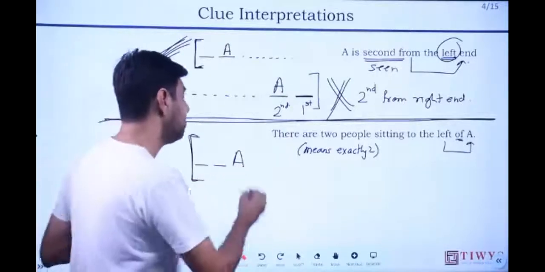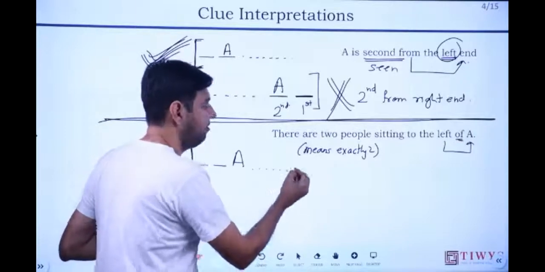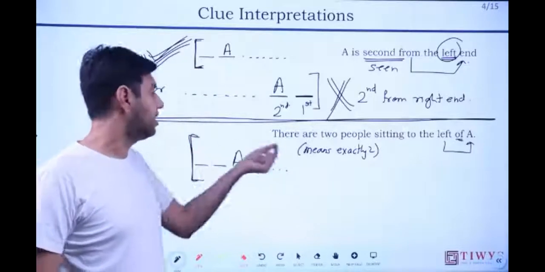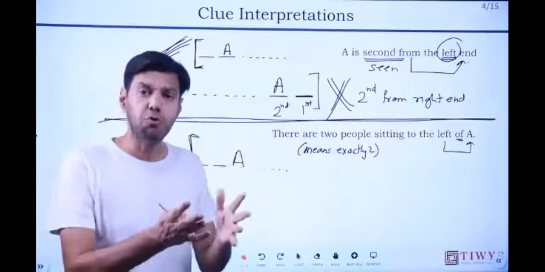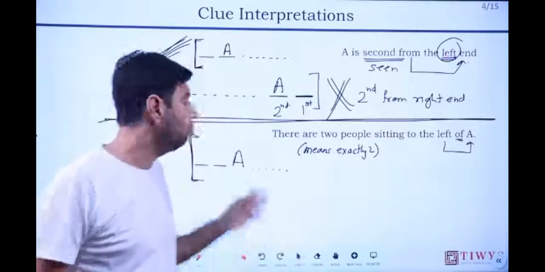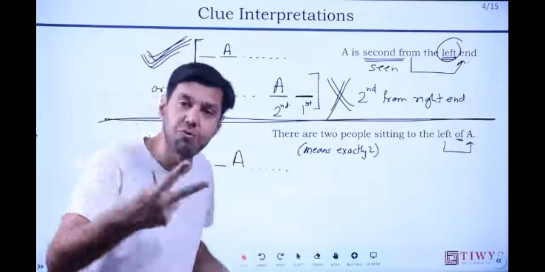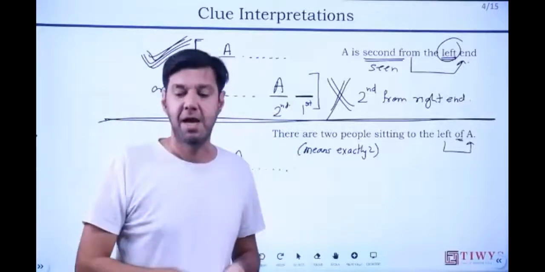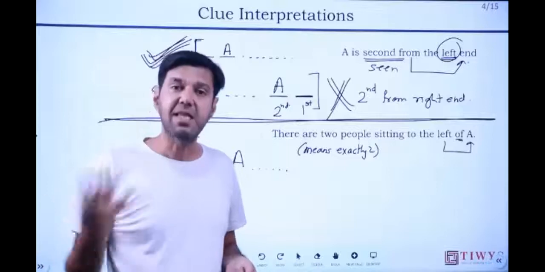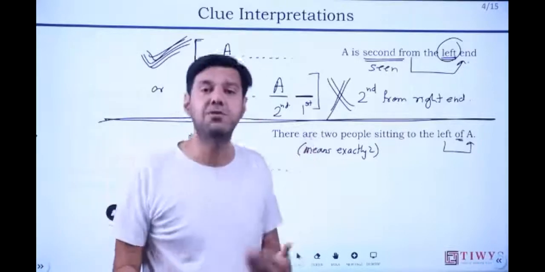Again, this is a place where a lot of students have difficulty. Somehow they understand that there are 2, but think there could also be 3, 4. How do I know? It says there are 2 people, which means only 2 people. Had there been 3, they would have said at least 2 people.